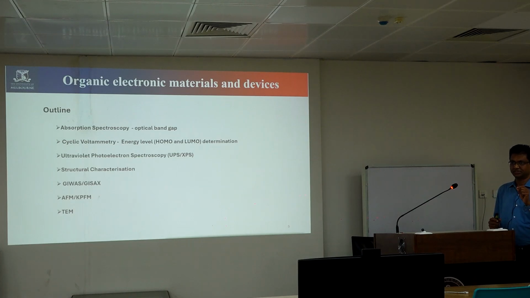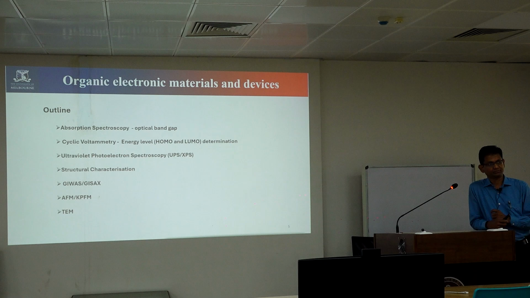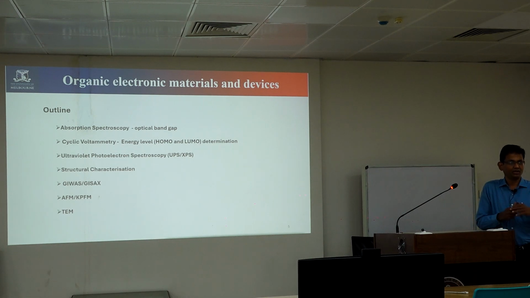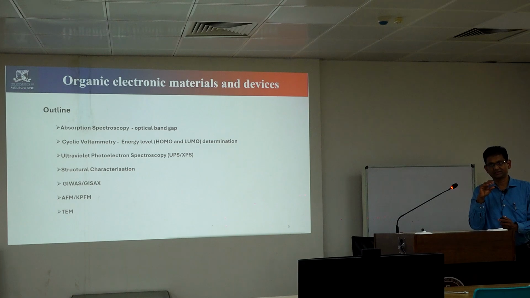Many of you know how to take an XRD spectrum. In XRD we use a powder sample, filled to at least a few millimeters thick. But in our case we are not using a thick layer. It's a very thin film, within nanometer thickness, and we need to know the structural arrangement there.